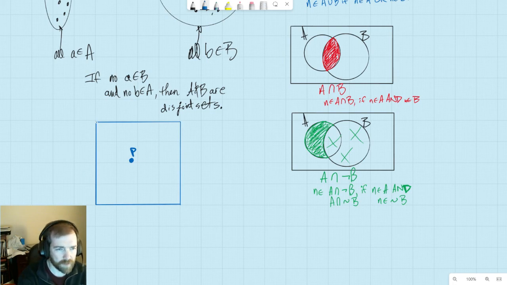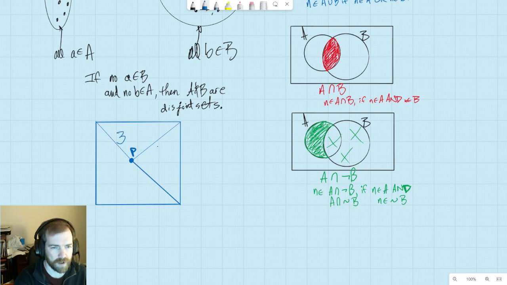And so one of the problems was they've got a point P, which is somewhere in the middle of a square, and the distances from point P to three of the corners are 3 and 4 and 5. No guarantees on any angles or anything like that.